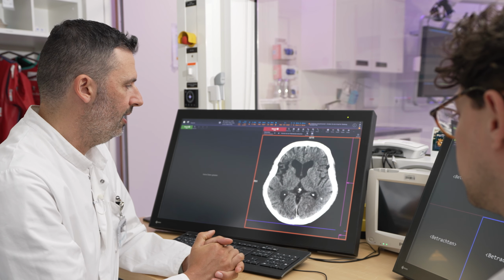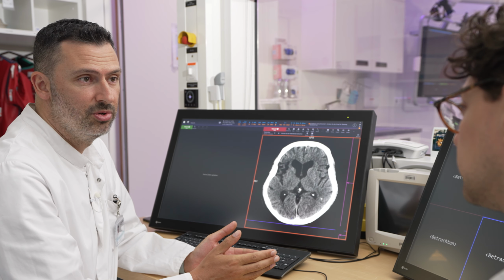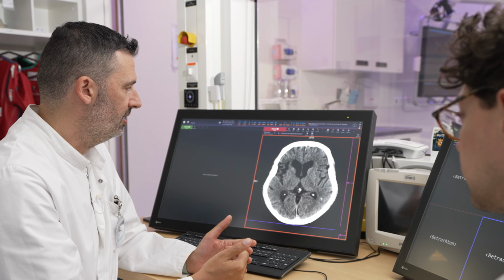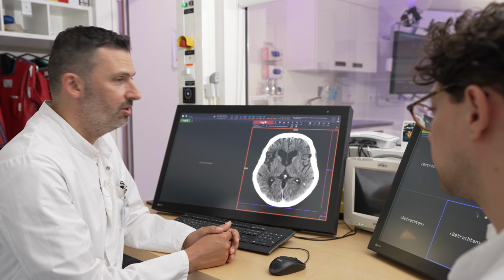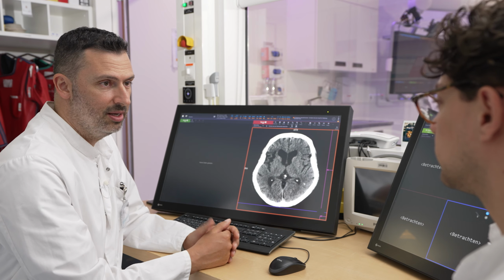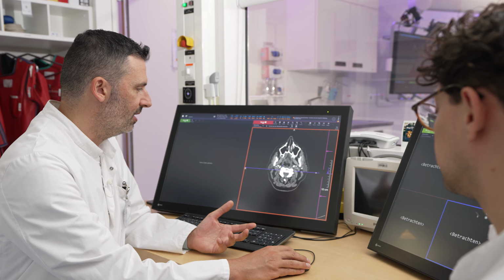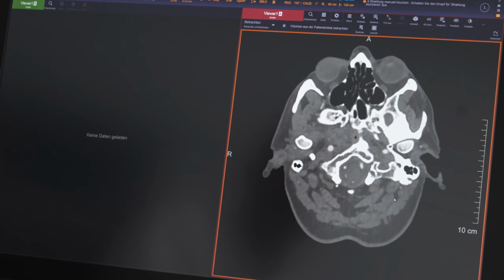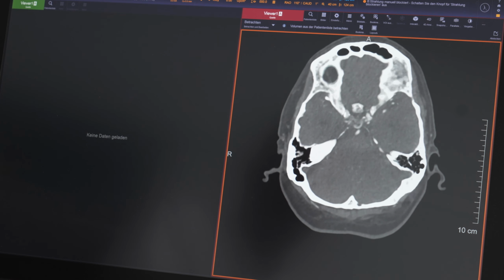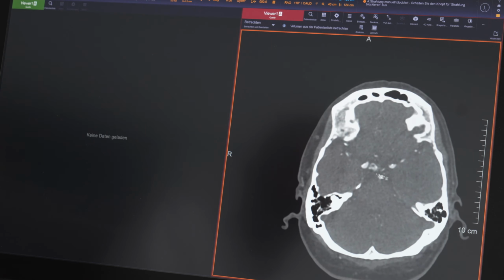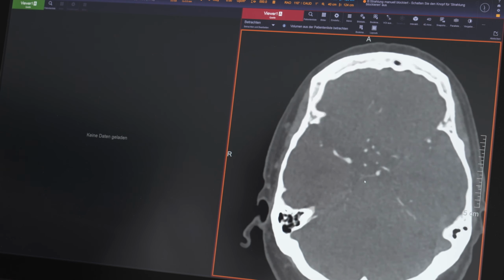On the CTA, we could not actually find the occlusion. We can see the M1, but then we could not really find the superior trunk. We were sure that something is missing, but if we check the thin slices, you will see that the M1 is okay.